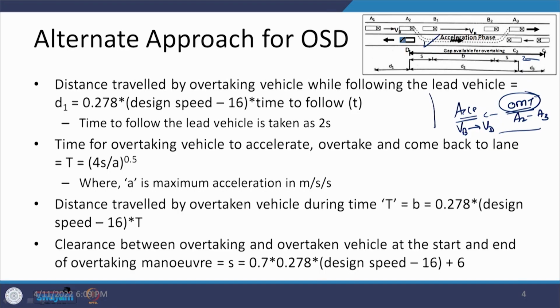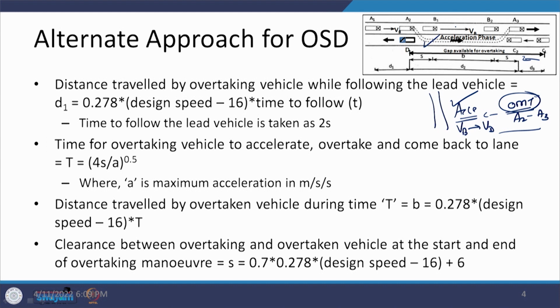That is a change. What we need is the rate of acceleration of a vehicle. We will have Vb, which is 16 kilometers per hour lower than Vd. Now let us look at how the values are calculated.